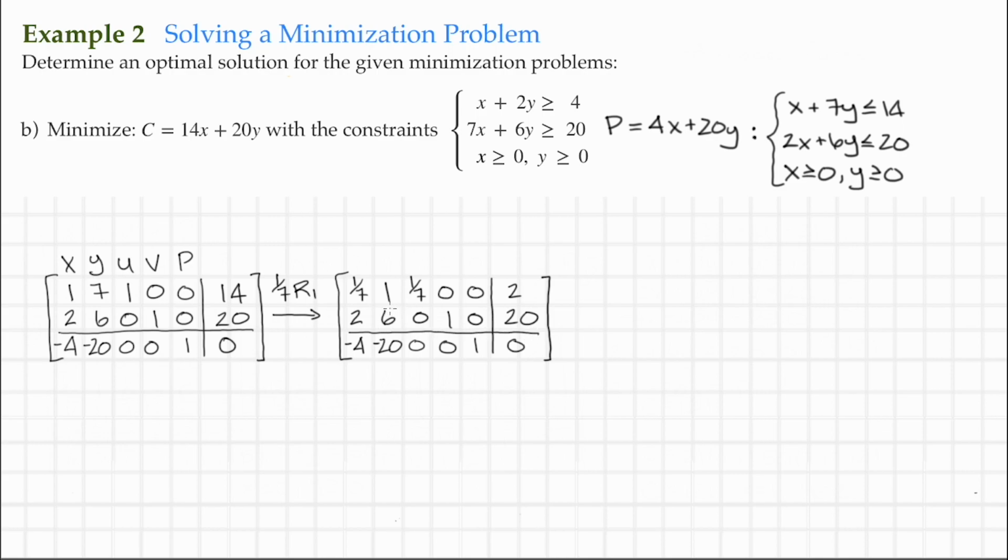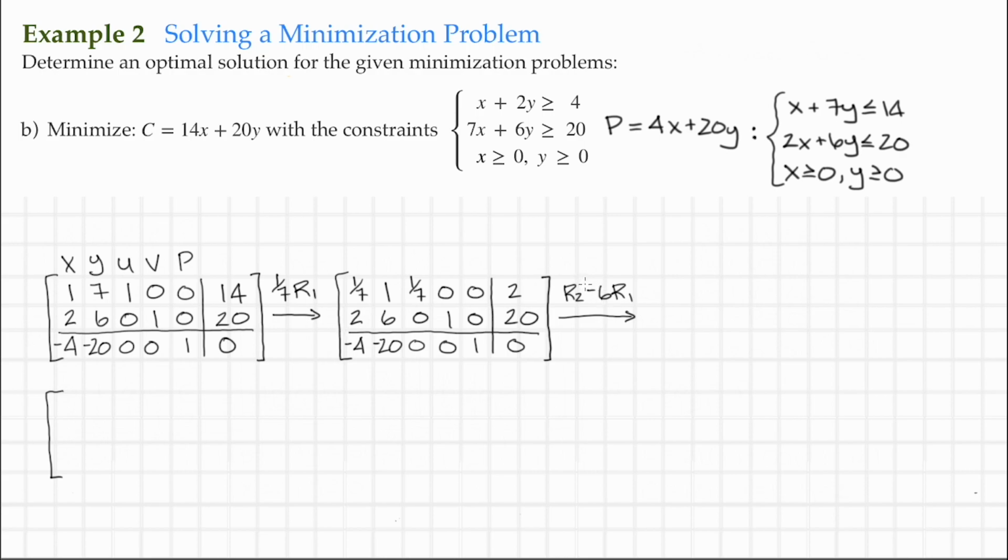Now we can target this element here. So we'll take row 2 minus 6 of row 1. We'll continue over here. 1/7 times 6, that's 6/7.